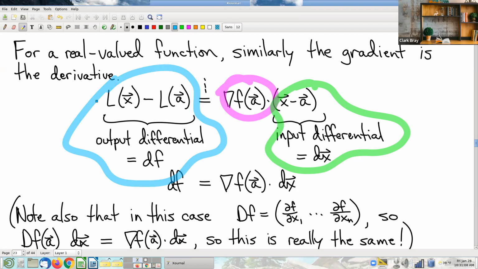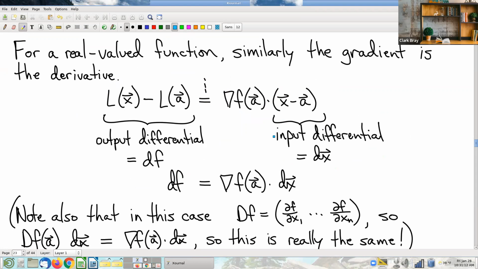Call this dx, call this df, and then now check it out. It's the gradient vector, specifically the dot product with the gradient vector, that's relating input changes to output changes.